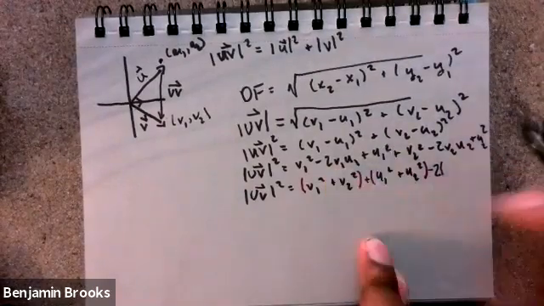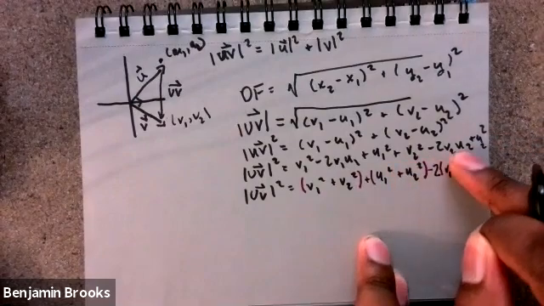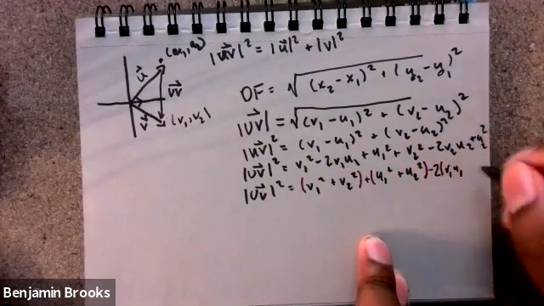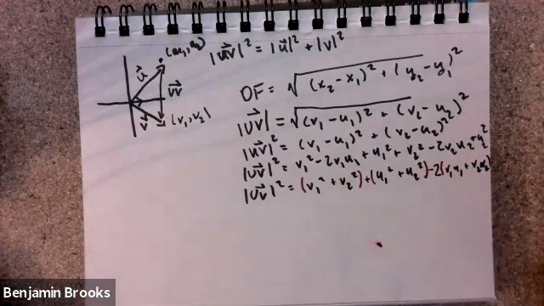So we got this v1 u1, and plus v2 u2. Okay.